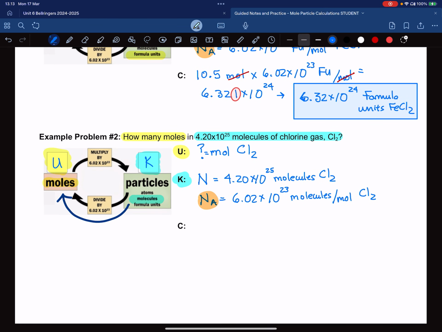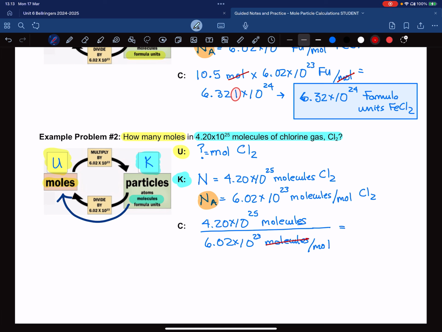So start with particles, 4.20 times 10 to the 25th molecules divided by Avogadro's number, 6.02 times 10 to the 23rd molecules per mole.